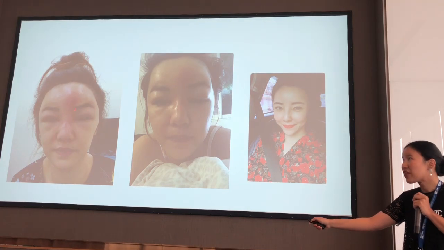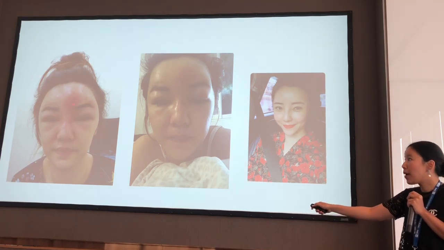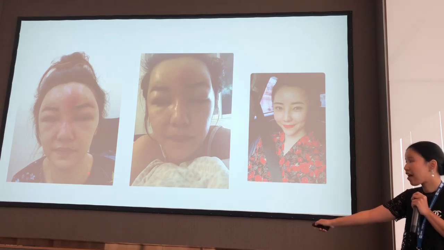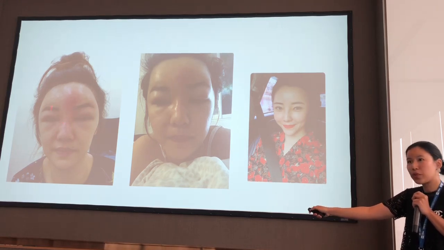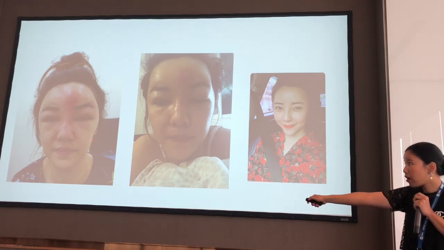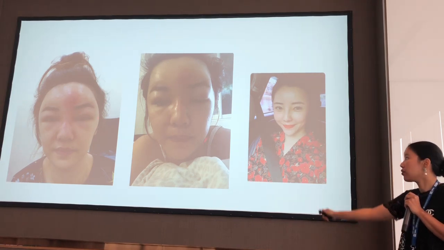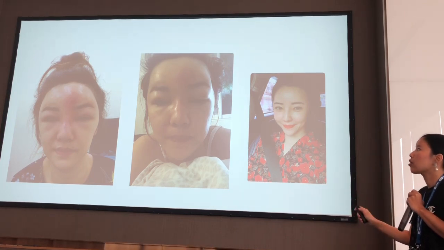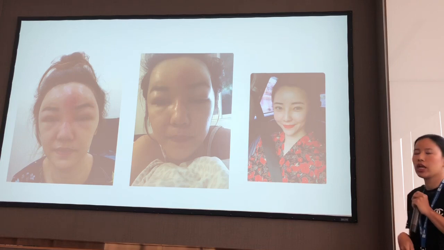You can see the infection around here is so dangerous because it can spread to the nose. Someone who has had rhinoplasty is really high risk when you have a problem with the forehead. And it can spread to the periorbital area. You can see it's really dangerous. However, after the correct treatment, she's happy now.